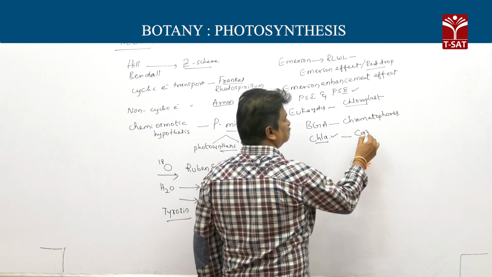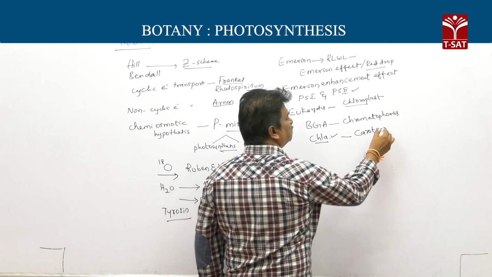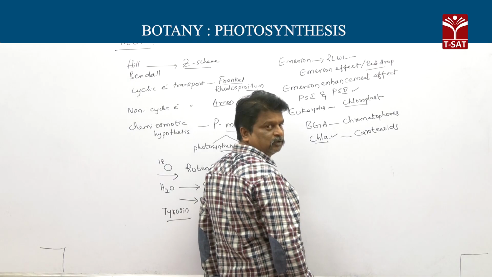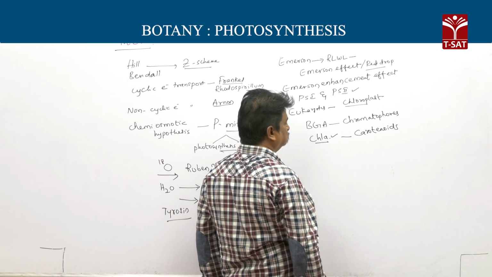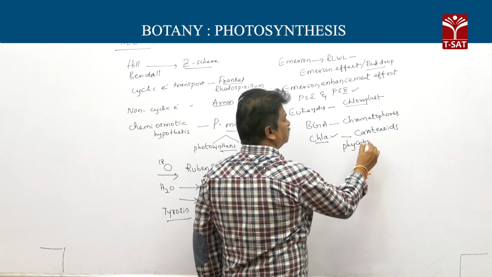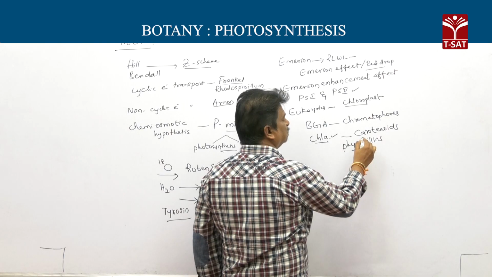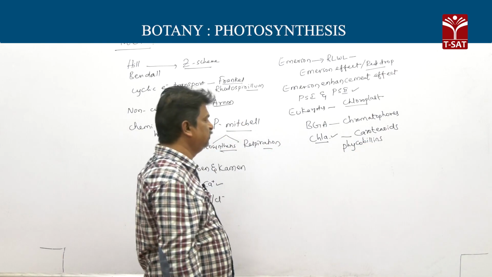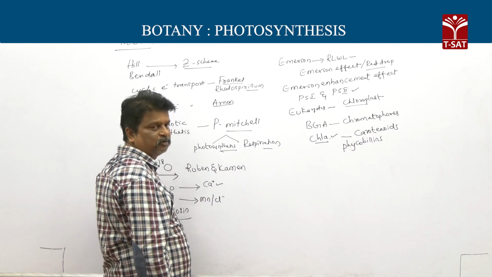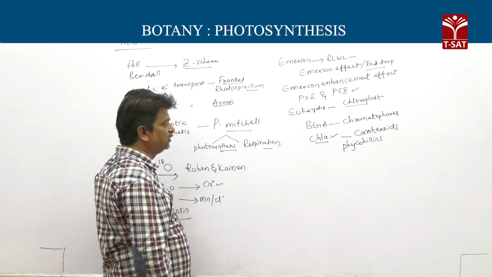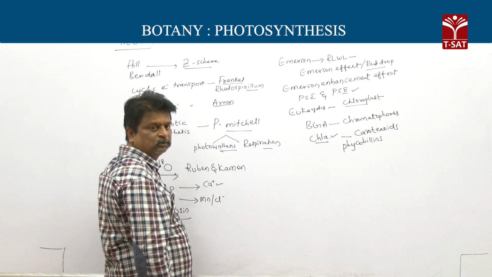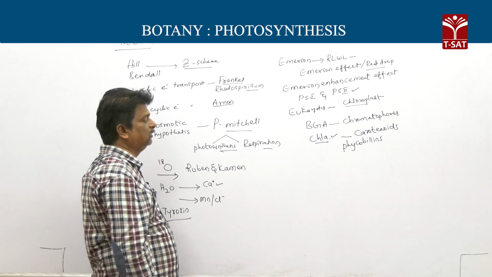Then accessory pigments include carotenoids and also phycobilins. These phycobilins are exclusive algal pigments, present in blue-green alga and red alga.